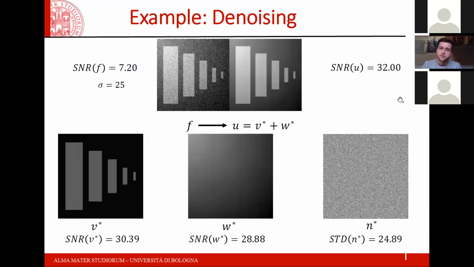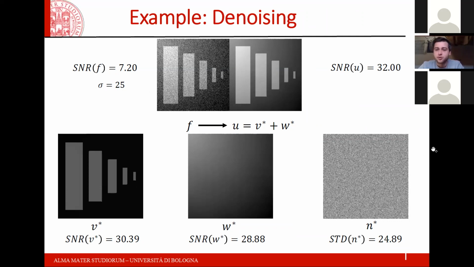As some examples, this is both denoising and decomposition in one step, where for this image, which has been corrupted by noise with standard deviation 25, we have denoised to an SNR going up to 32, and the components are down here.